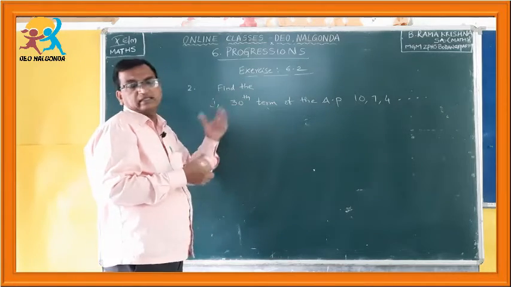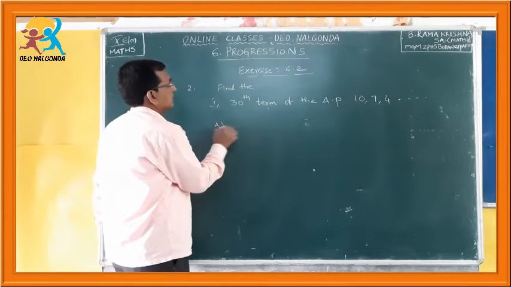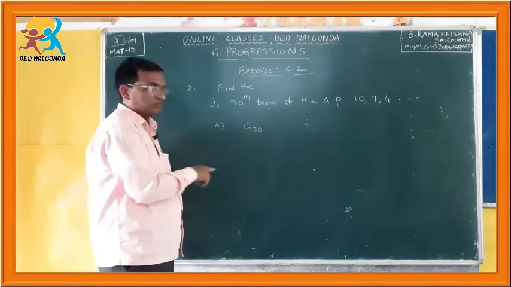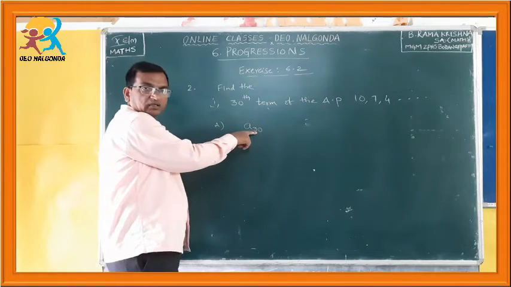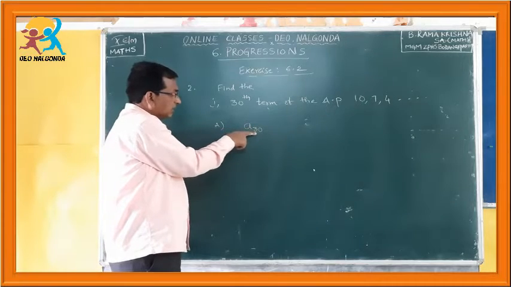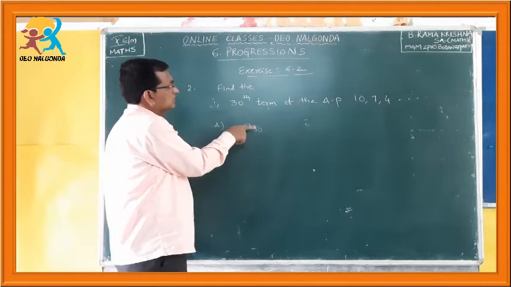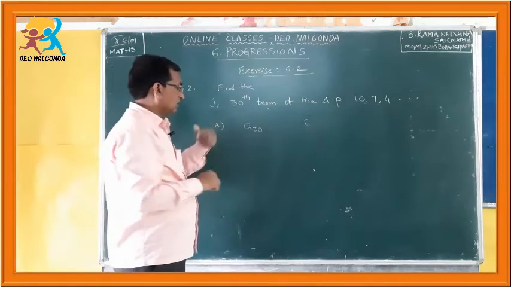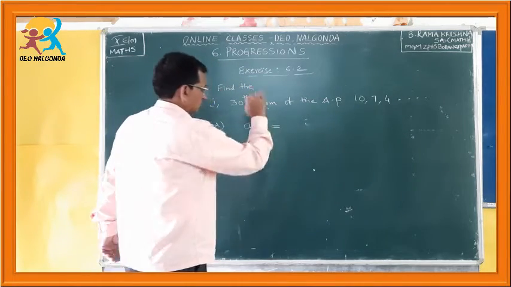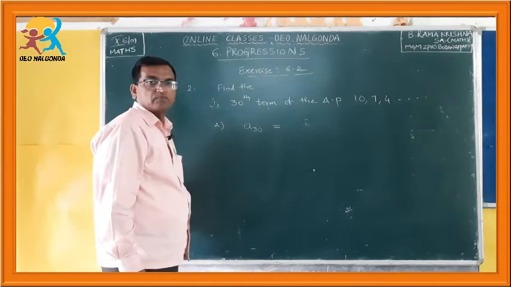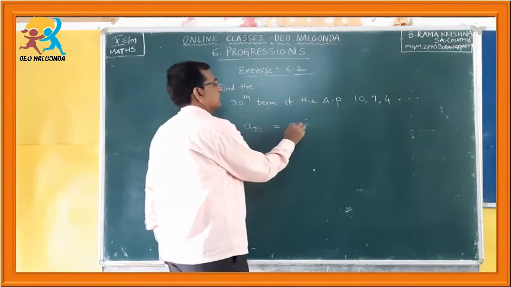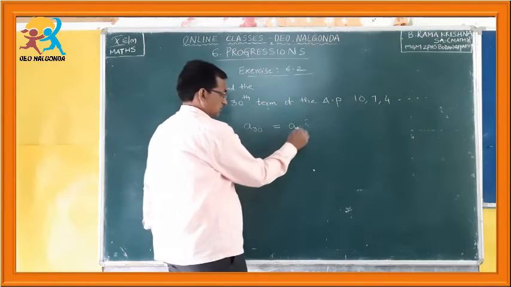Like that, the 30th term can be written as A sub 30, meaning at the right side bottom you have to write 30, A 30. This means the 30th term of that AP. Now, A 30 is equal to what? You have to write the formula. Can you write? Look here.